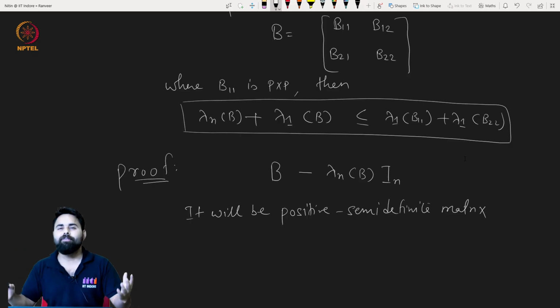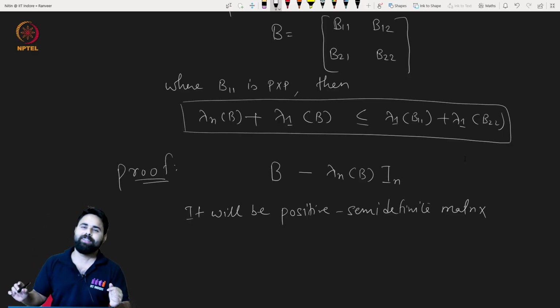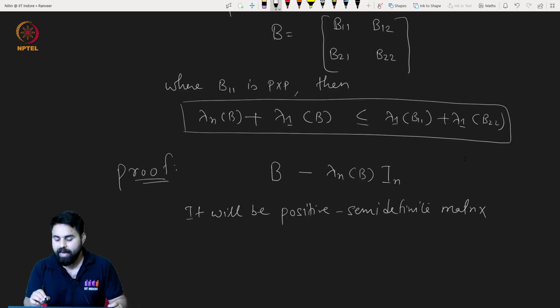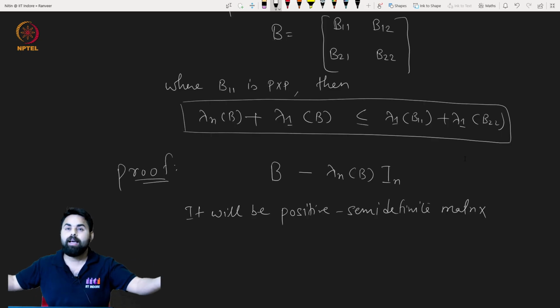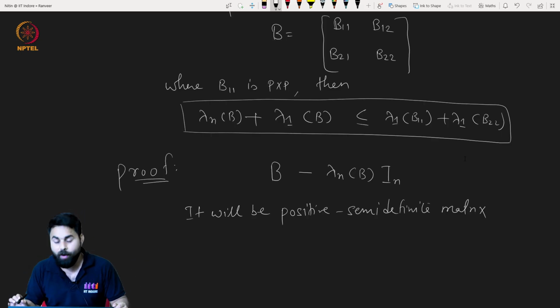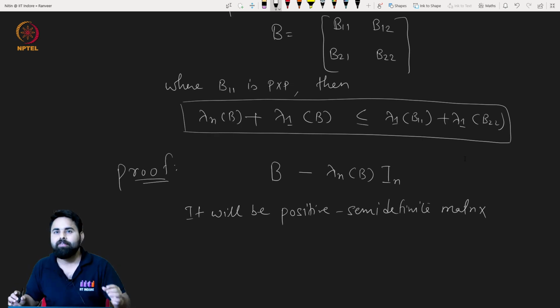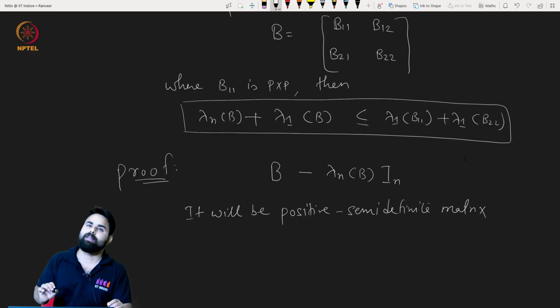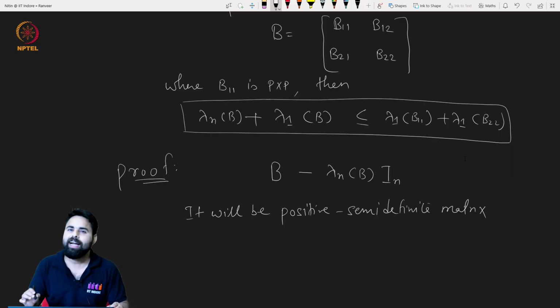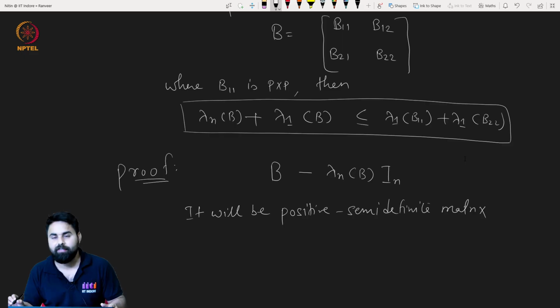It follows easily from the spectral theorem. Remember, you can write B in its diagonalization form, and on the diagonal are the eigenvalues. You are subtracting from those eigenvalues lambda n, which is the smallest eigenvalue. So if you subtract that, the rest of the eigenvalues will always be non-negative.